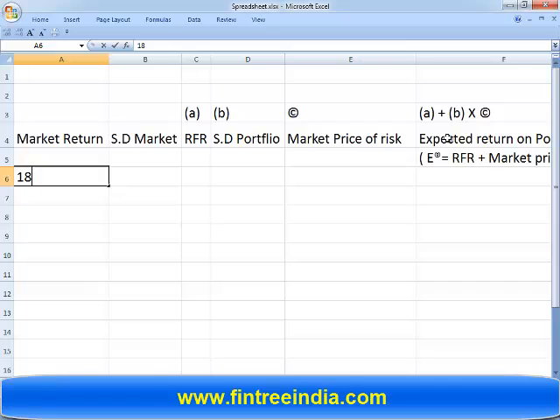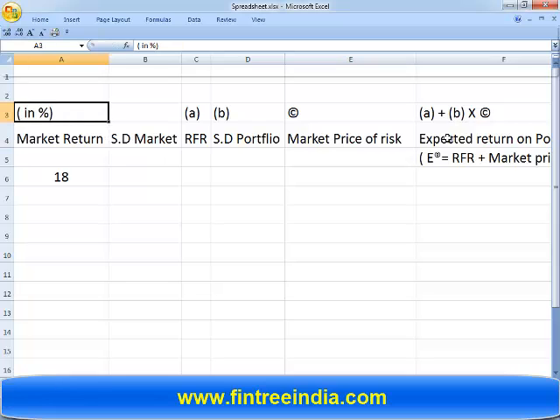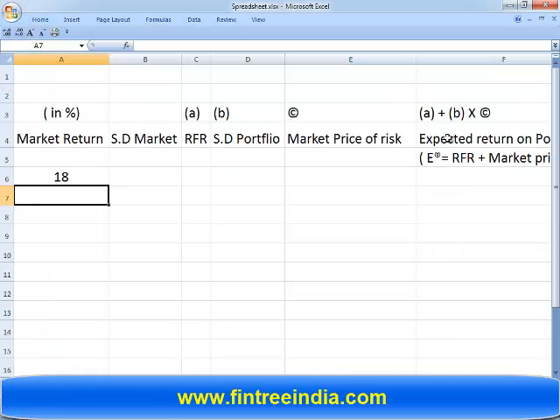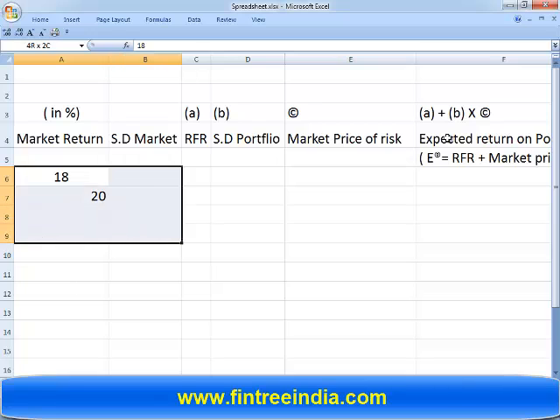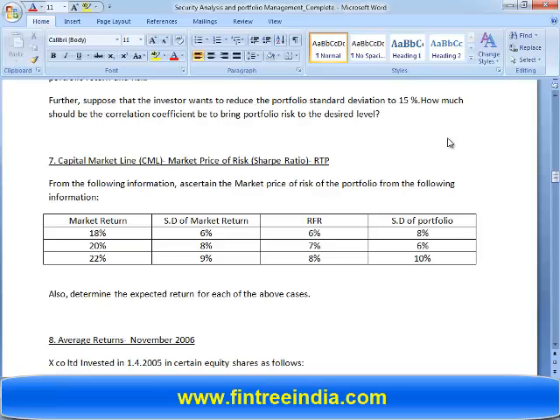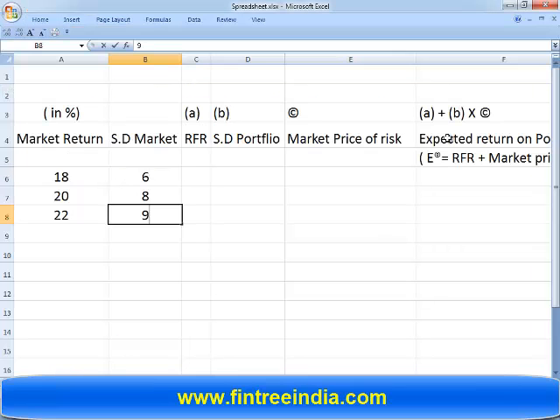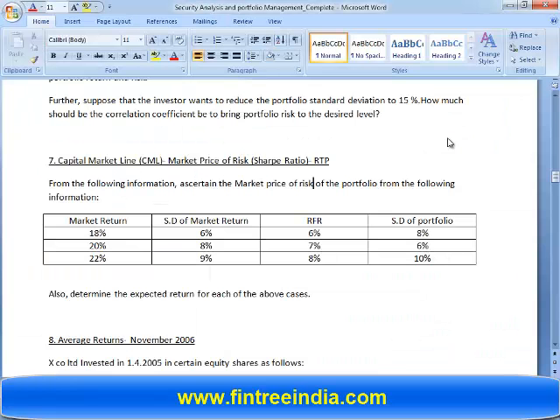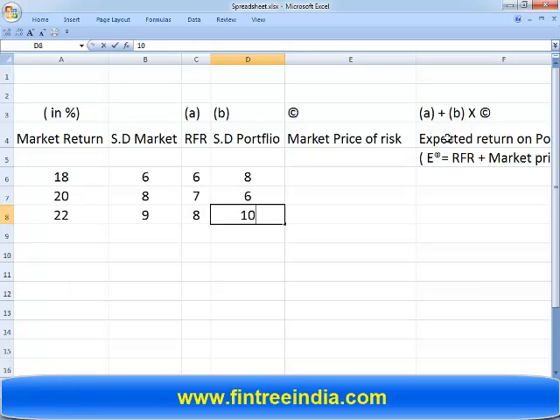Market return here 18%. Typically here I'm writing in percentage. You people can write 18% in the respective column. Then 20. Then 22. Okay. Standard deviation of the market 6, 8 and 9. Risk-free rate of return 6, 7, 8. Standard deviation of the portfolio 8, 6 and 10. Market price of the risk.